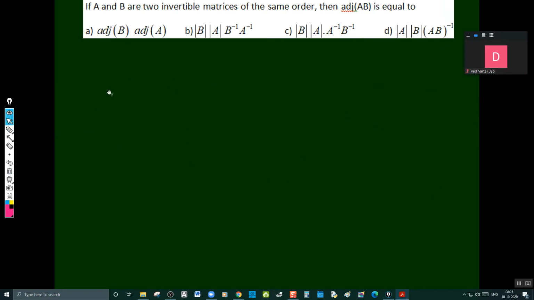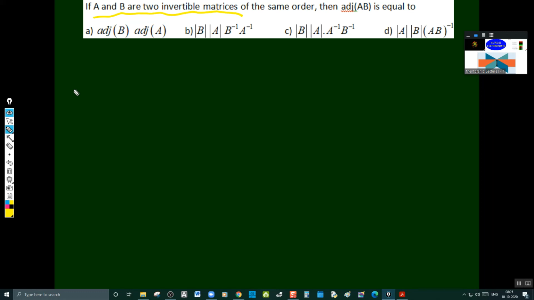Let's move on to the next question. A and B are two invertible matrices of the same order. Then adjoint of AB is equal to. So what is a basic thing you have to understand here? A and B are two invertible matrices.